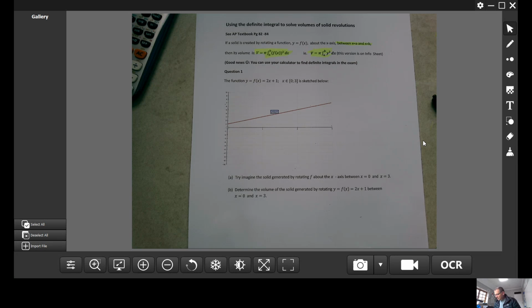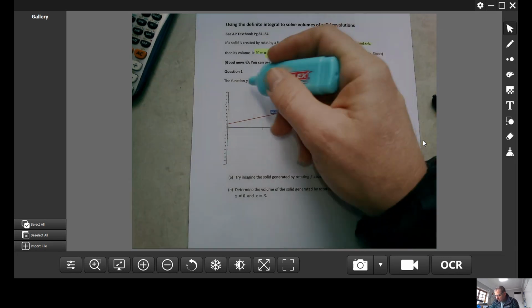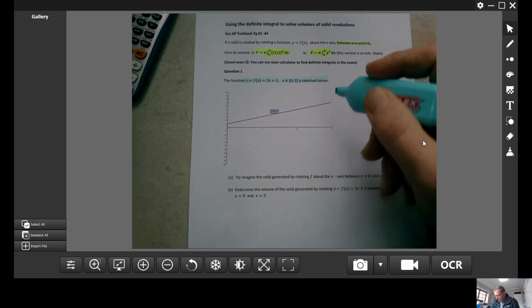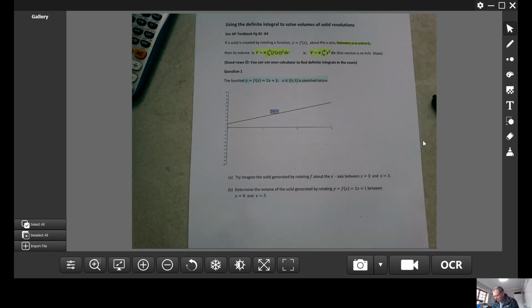The first question: you've got a function f of x equals 2x plus 1 between 0 and 3, sketched below. First, imagine what that solid is going to look like.